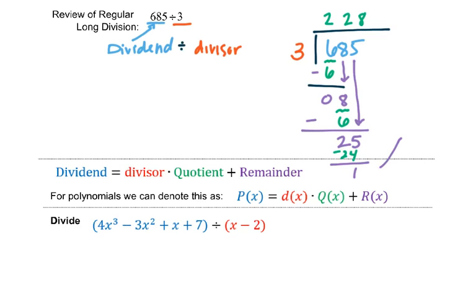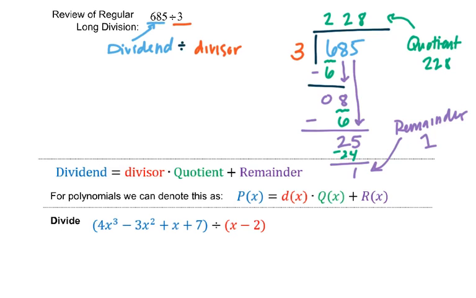So in this case, I have a remainder. My remainder is 1. And I have a quotient. My quotient is 228. And we kind of have a way we can write our answer.